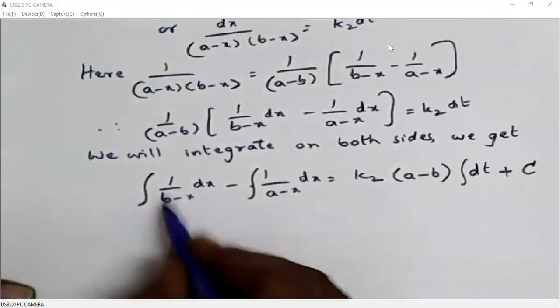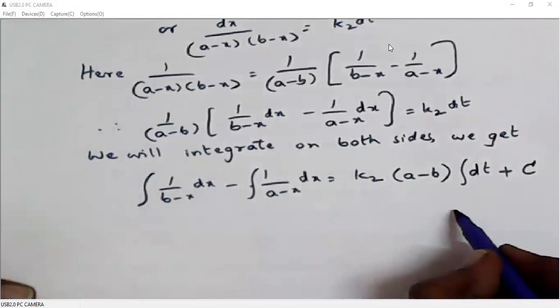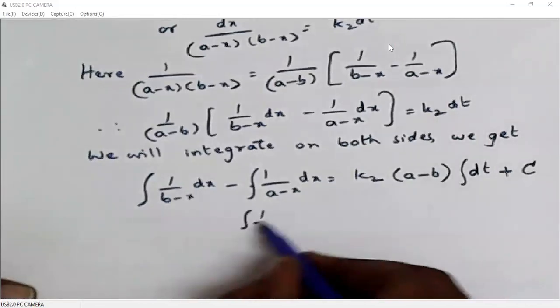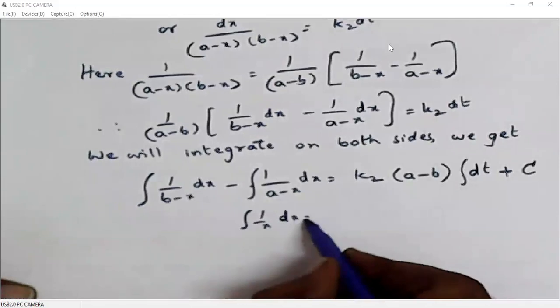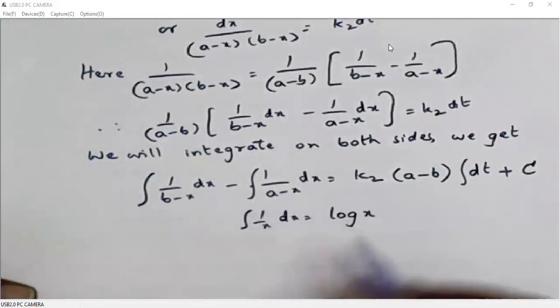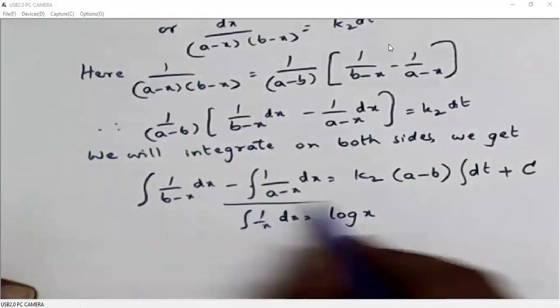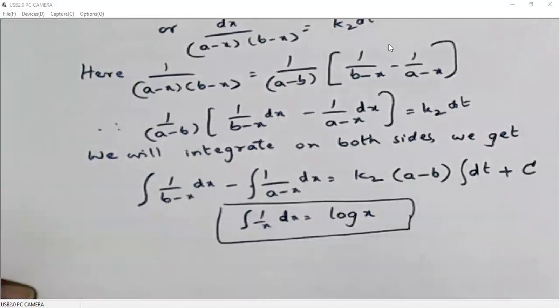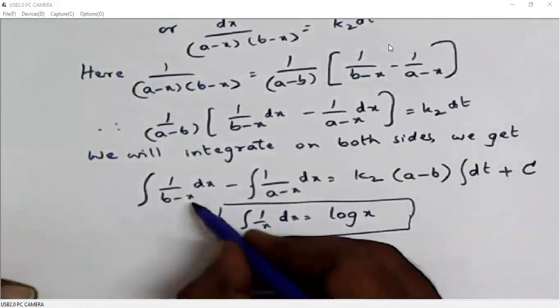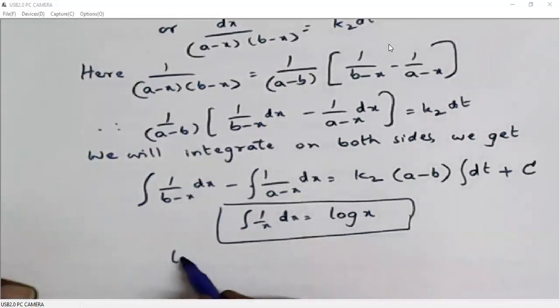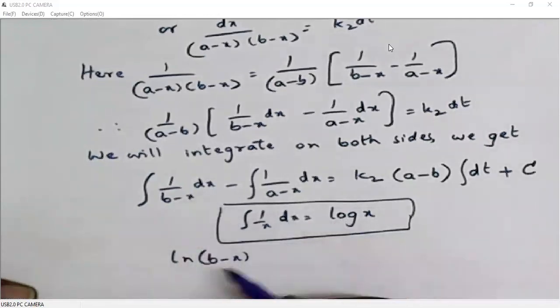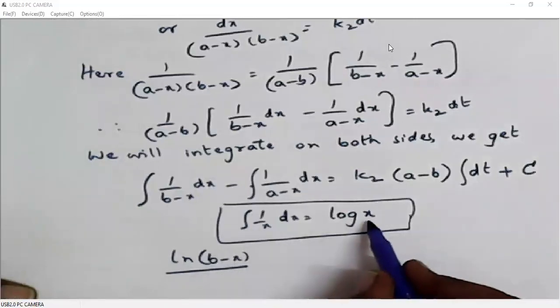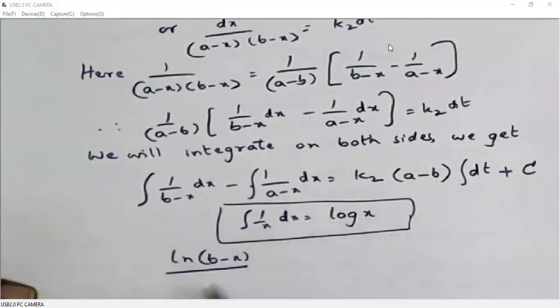Now we will integrate this. The general integration of 1 by x is log x. So integration of 1 by (B minus x) is ln (B minus x). Of course, we take ln here rather than log. If it is x, fine, but if it is not x and something else is there, we differentiate it in the denominator.